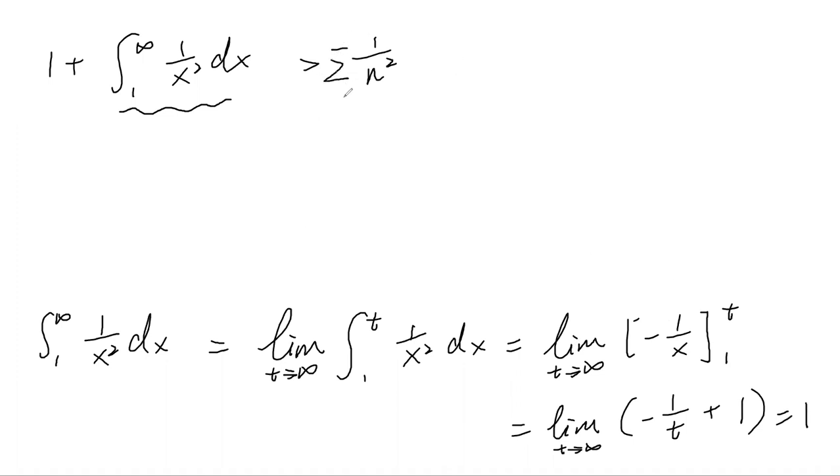There is summation notation here. So that means this series is less than a fixed number, 1 plus 1. One is from here, and the other one is from the improper integral. So this is less than a finite number, 2.